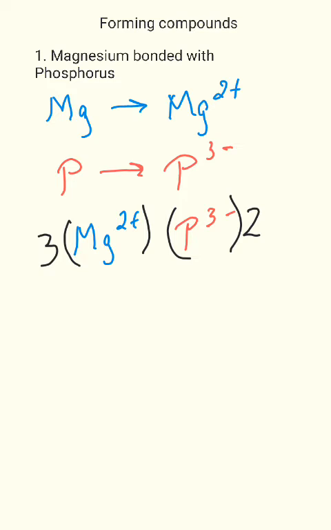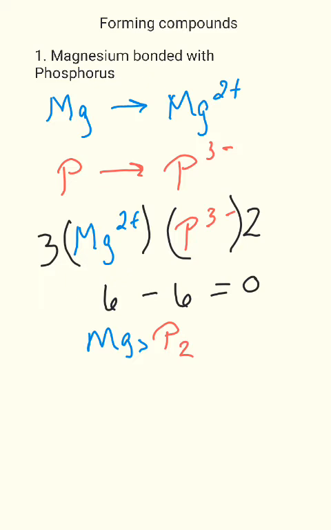What happens here is you get 2 times 3, that gives you 6. And then if you look at the other side where you get -3 times 2, that gives you a -6, right? So if you have a 6 minus 6, that equals 0. So then that gives you a compound now that is Mg3P2.